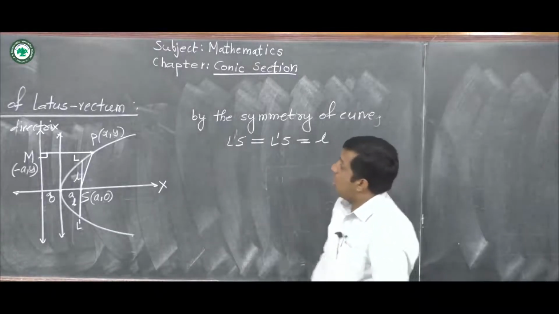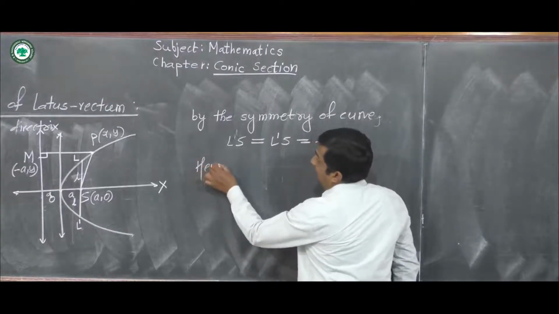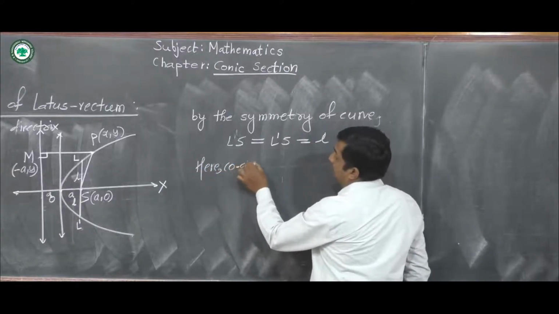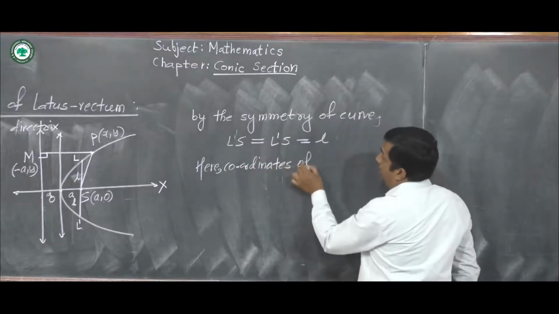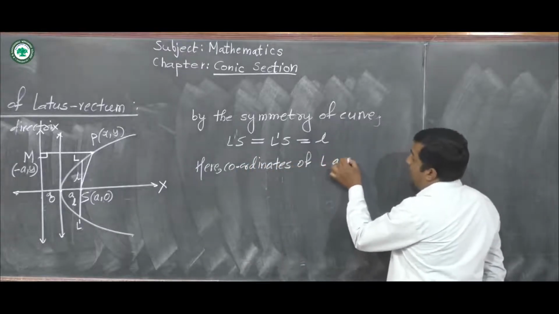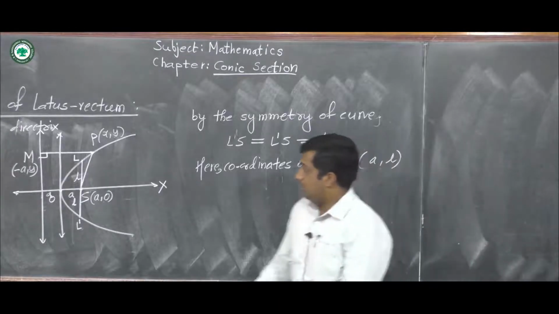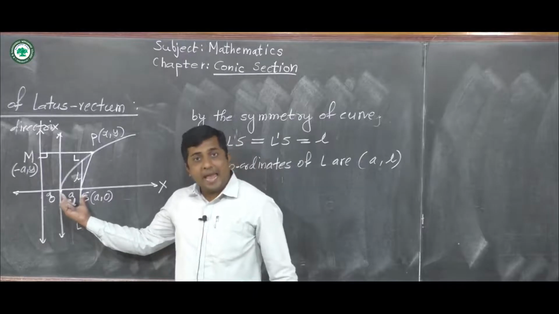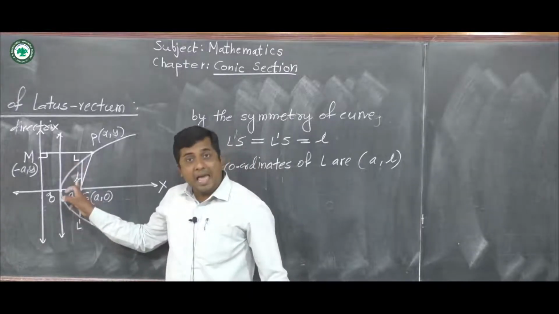Here the coordinates of L are (a, l). This distance OS is a and this LS is l.